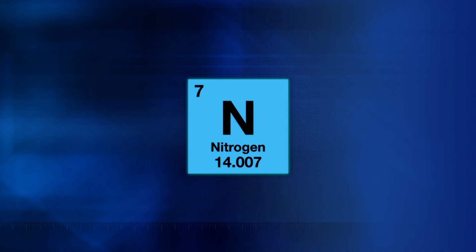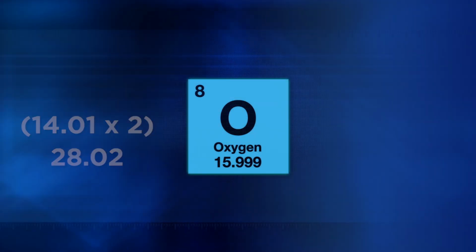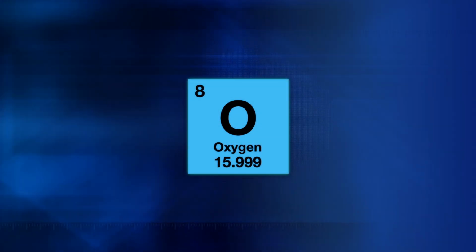So let's see. The periodic table tells us that the mass of nitrogen is 14.01. N2O3 has 2 nitrogens, so that's 14.01 times 2, or 28.02. The periodic table also tells us that the mass of oxygen is 15.999, which we can round to 16.00.